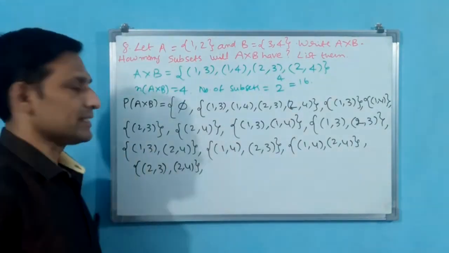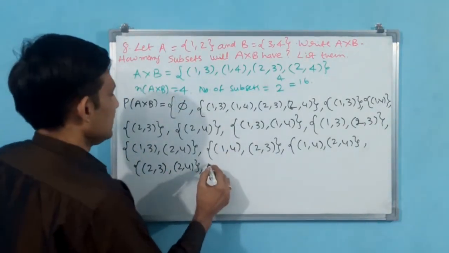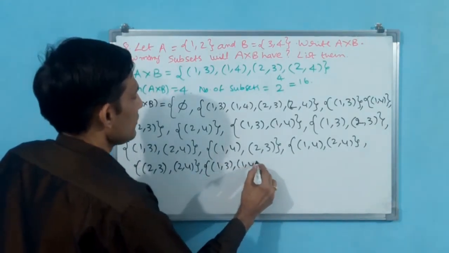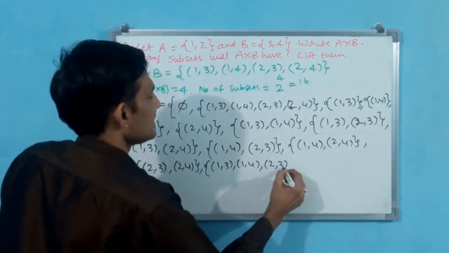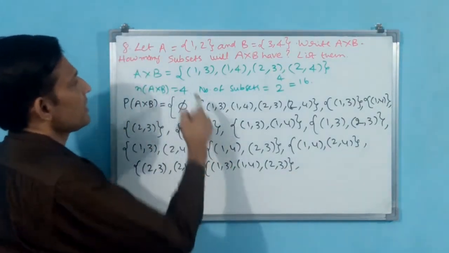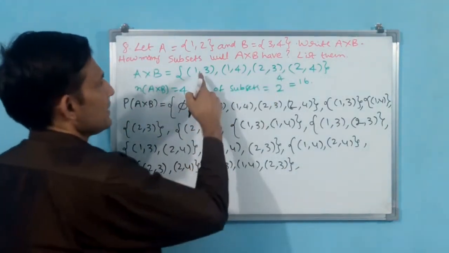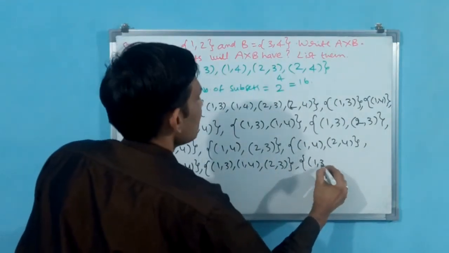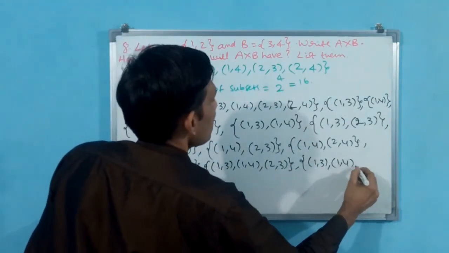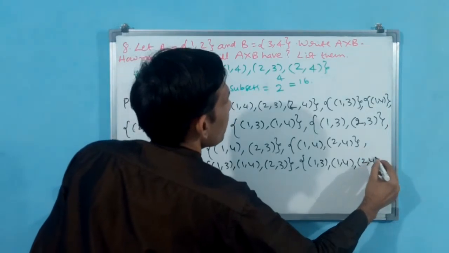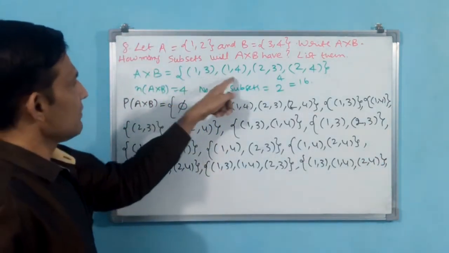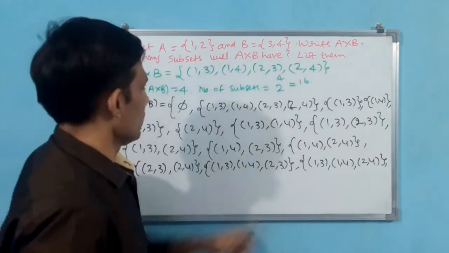Now we go for 3 sets. 3 elements means you take 1 3 comma 1 4 comma 2 3 first. Close. Then 1 3, 1 4, 2 4.